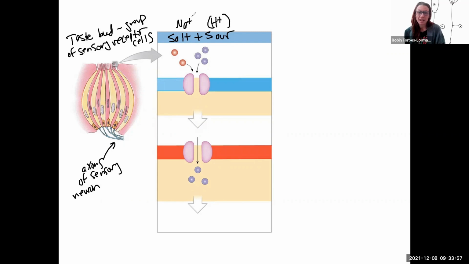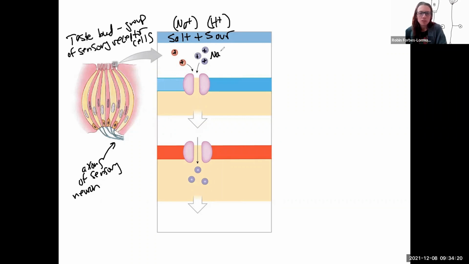Sour is acid, HCl. So there are hydrogen ions in acidic foods. So lemons, coffee actually contain HCl, and that H+ is what is detected. So these little molecules here are all positive ions, two different types here.